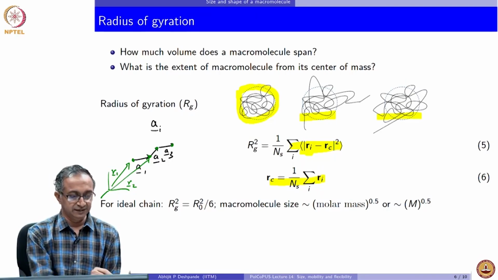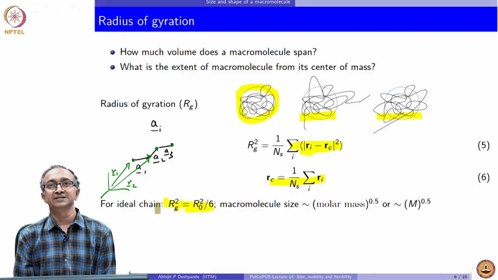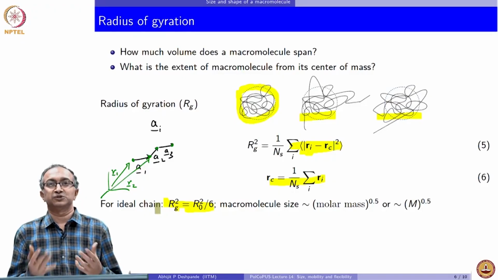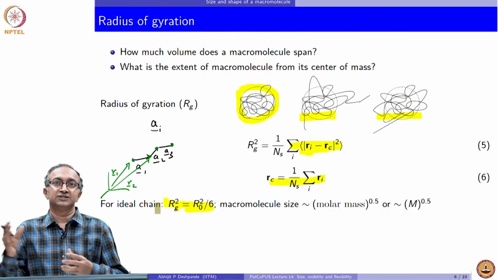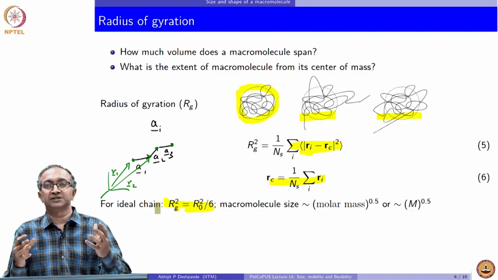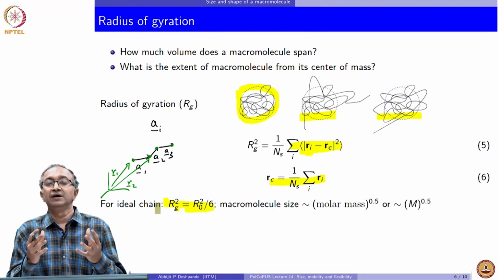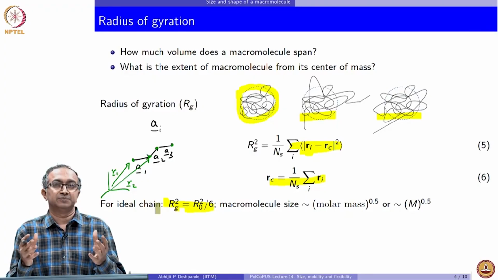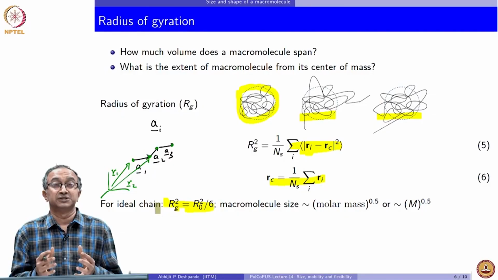And for an ideal chain, radius of gyration and end-to-end distance are related to each other, and this is conceptually intuitive because end-to-end distance also keeps on changing when conformation keeps on changing. Radius of gyration also keeps on changing when conformational changes happen, but R0 and RG are average measures.